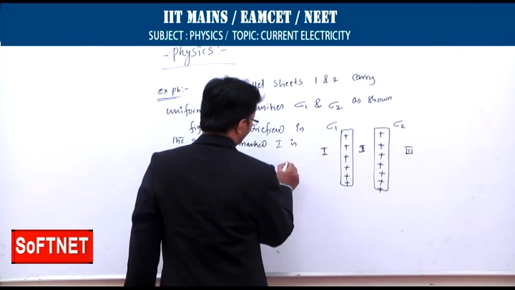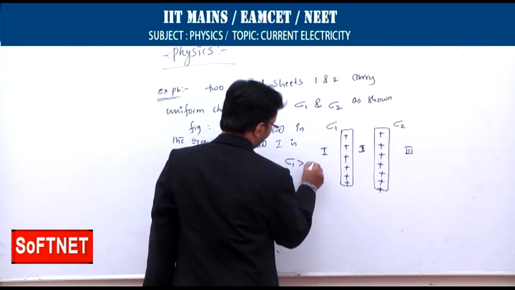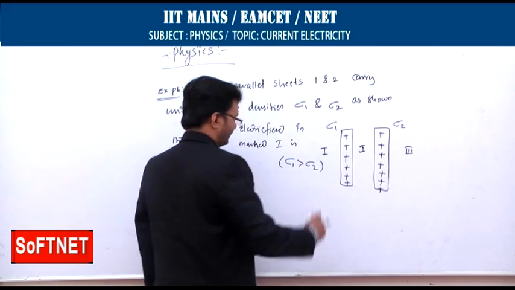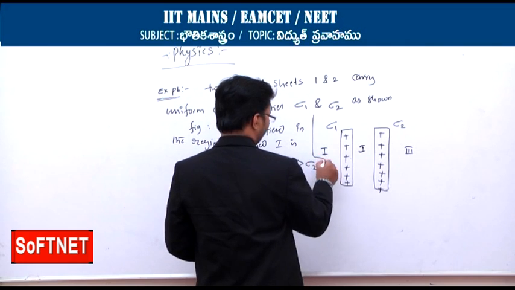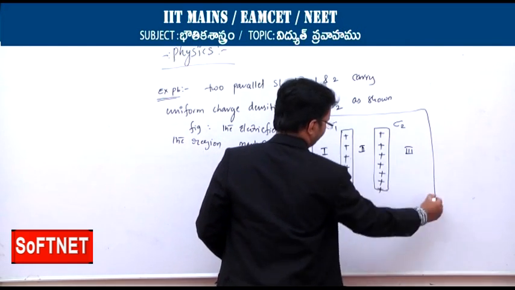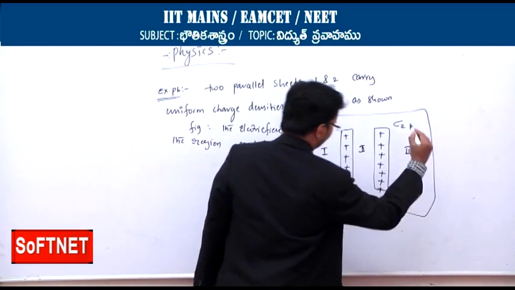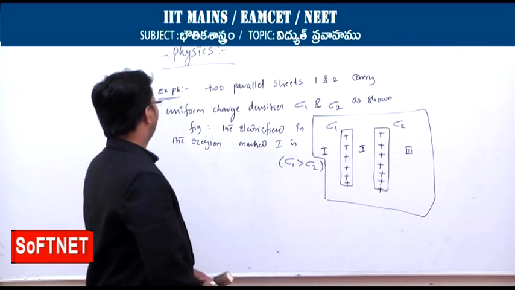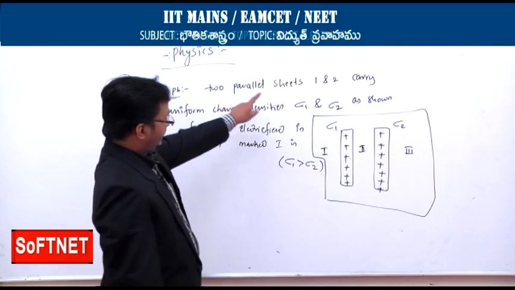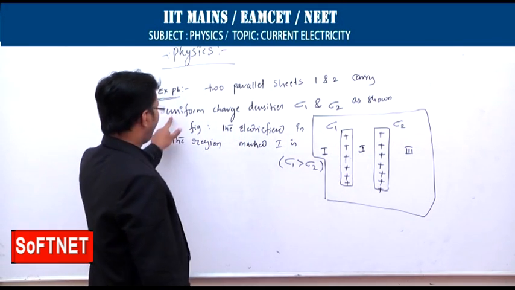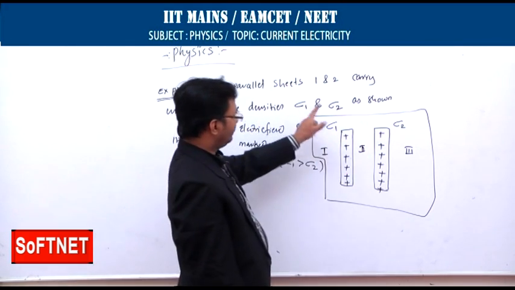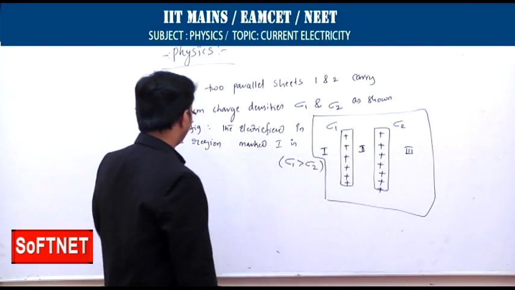So, they are giving the condition sigma 1 greater than sigma 2. Clear? This is the diagram they are giving. Two parallel sheets 1 and 2 carry uniform charge density sigma 1, sigma 2 as shown in the figure.